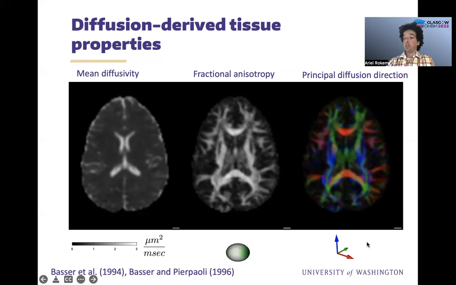And if it's primarily superior inferior, that's encoded by blue. And that's a convention that's used to color these kinds of images. And you might see this in other talks today or in some of the literature on the topic. So for example, in the corpus callosum, we see a lot of diffusion right to left, and those voxels are colored here in red.